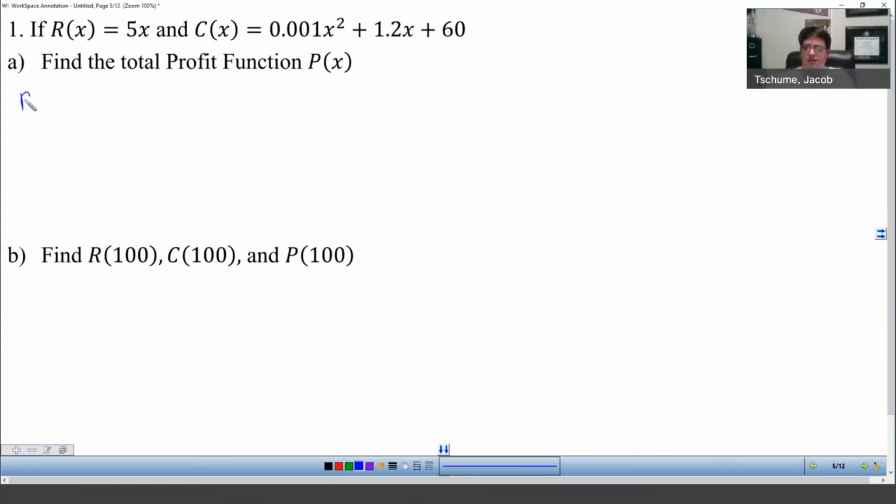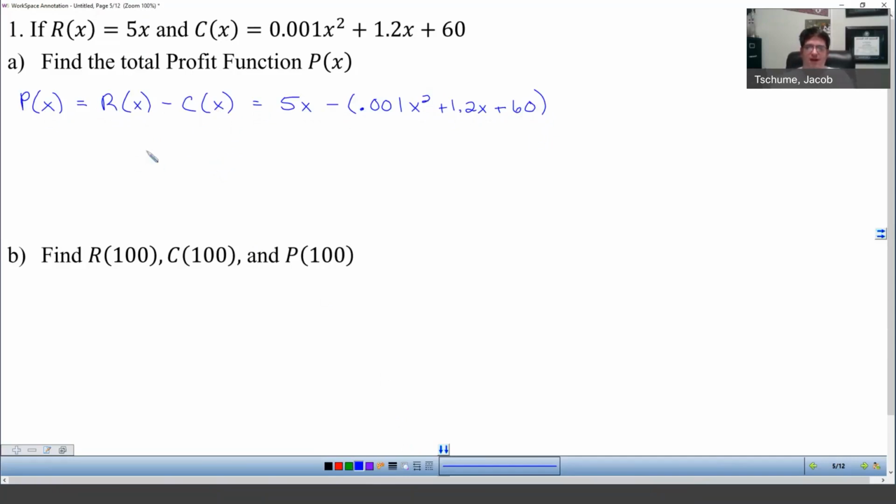We've done this in the last video a bunch, but it doesn't hurt to review it. Profit is found by taking the revenue function and subtracting the cost function. So this would be 5x minus the cost function, which is 0.001x squared plus 1.2x plus 60.